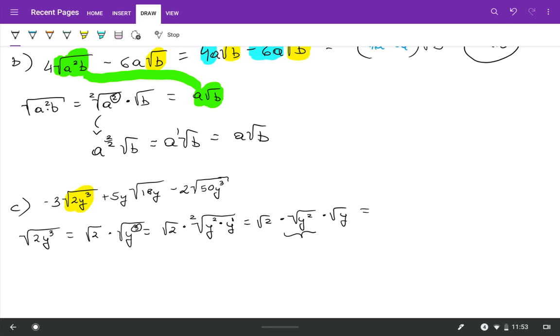And square root of y squared is just y. So we have square root of 2 times y times square root of y. Y doesn't have a radical, so let's just move that in front, and square root of 2 times square root of y is the same as square root of 2y.